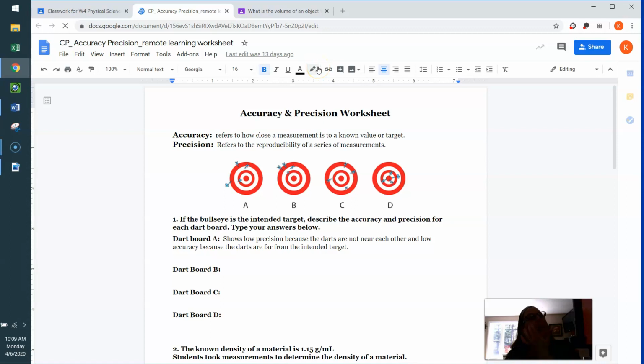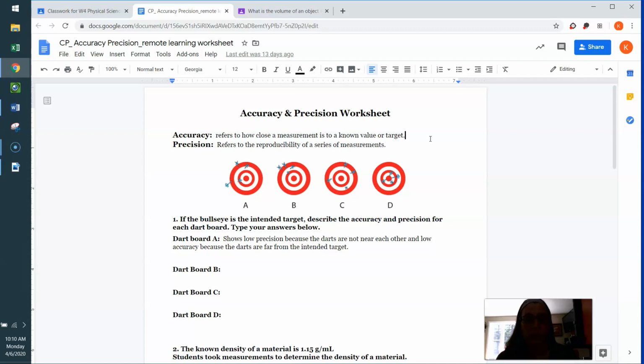So the one thing about accuracy and precision is really understanding the difference. And so I left the definitions, sorry, I was blanking on the word. I left the definitions to the terms at the top of the page. Now it's really important that you understand accuracy means you have to have something to compare individual data to.